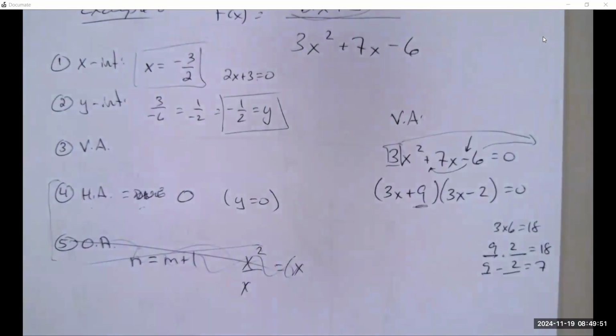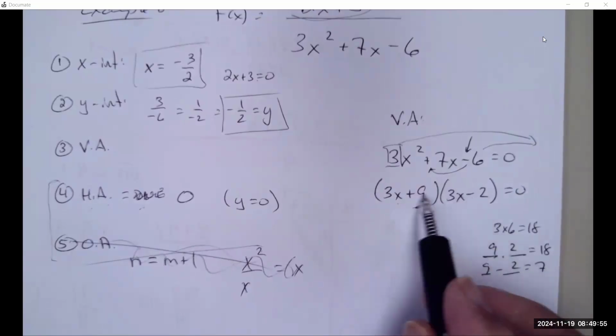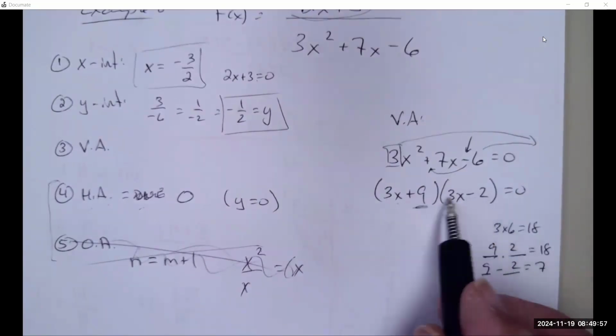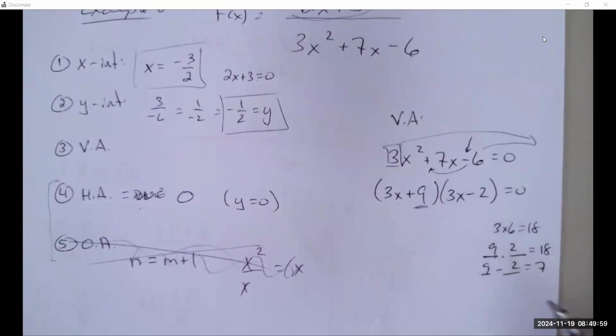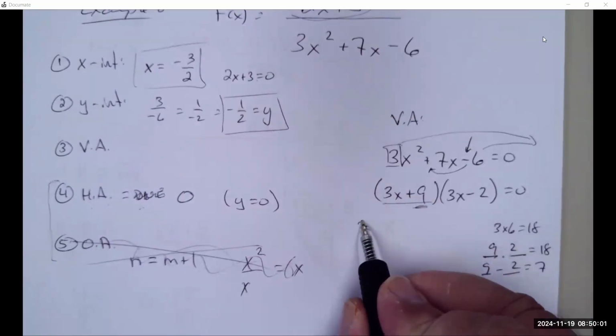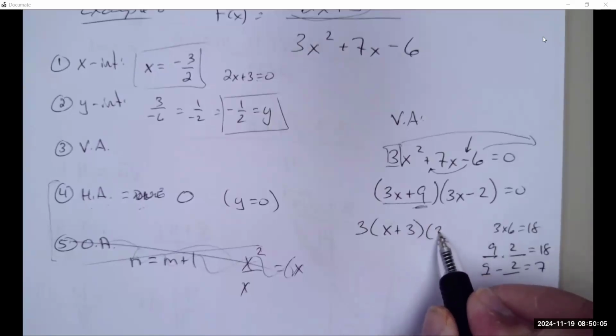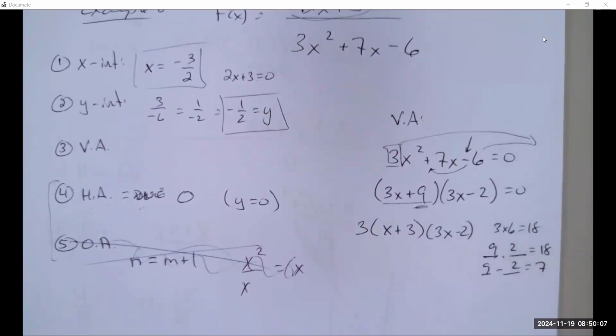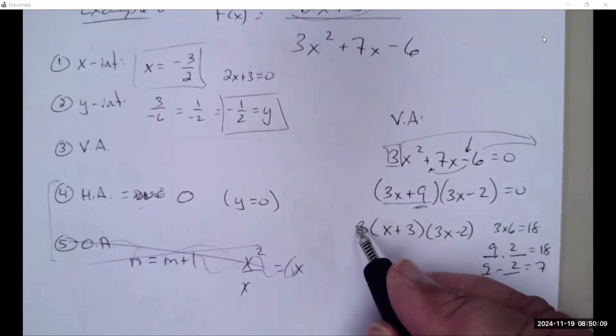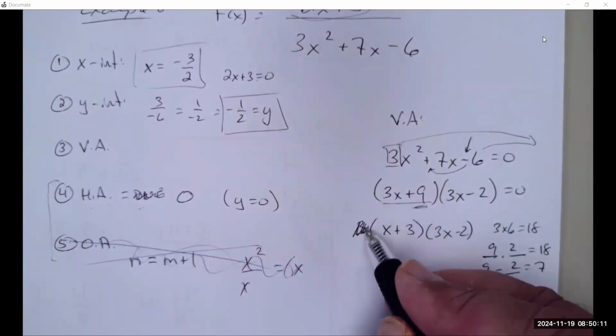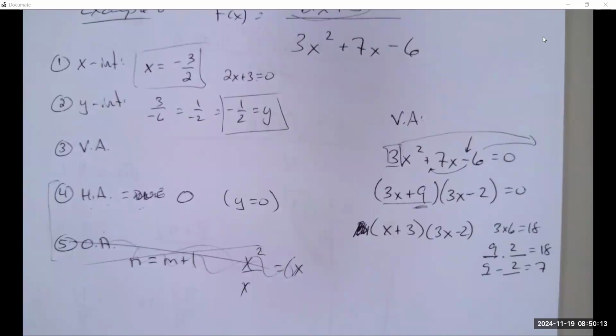Very good. Okay, everybody good with that so far? Now, can we factor anything out of these? Yes, we can take out a 3 on the first one, which gives us x plus 3, and 3x minus 2. Since we factored, we don't need that 3 right there; erase it.